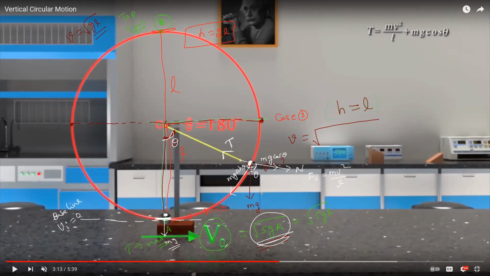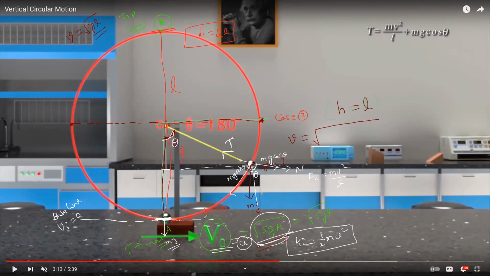Okay. Now kinetic energy. The body already has some initial velocity V0. Let me take V0 equal to u. So the initial kinetic energy equals half m u square. Will you all agree with me? Now it has reached a certain height from the ground.